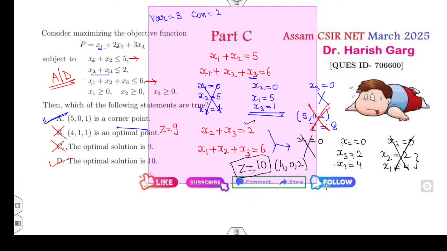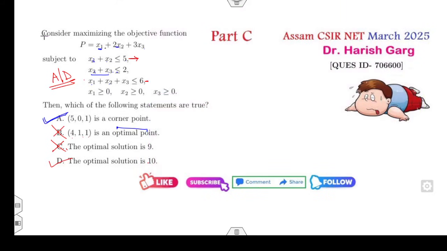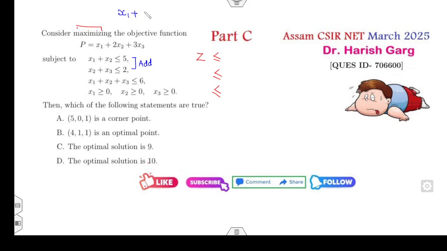Second method, if you don't want to do it this way, then again we will use the same shortcut tricks. The problem is a maximization. I can write it in terms of three less-than-or-equal constraints. If you add the first two, x1 plus 2x2 plus 3x3 is 7.